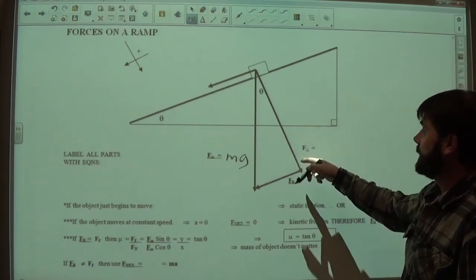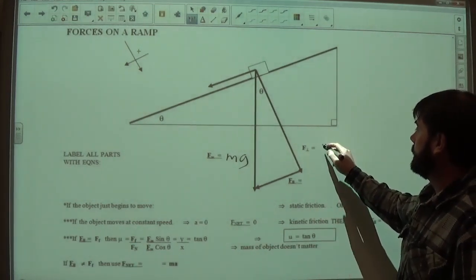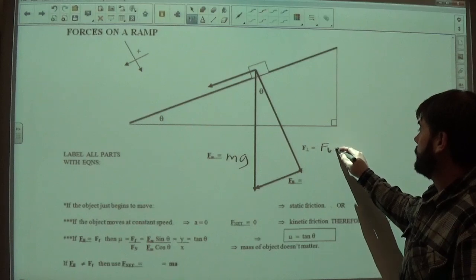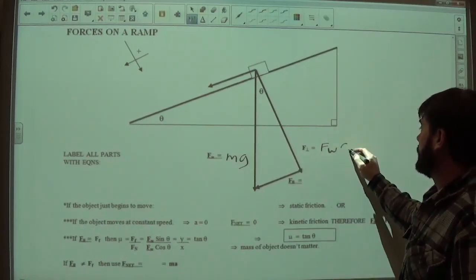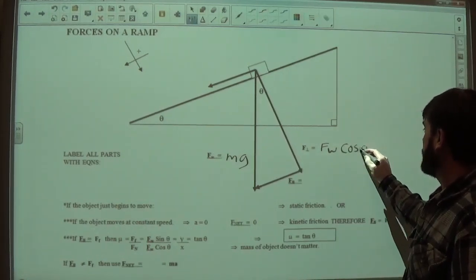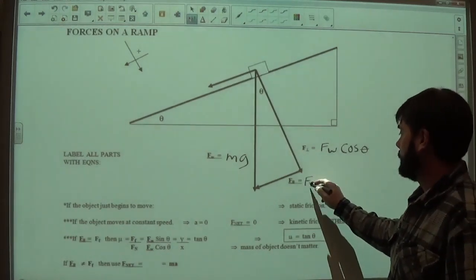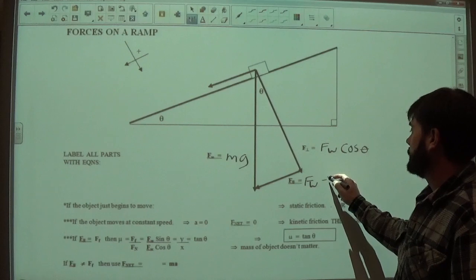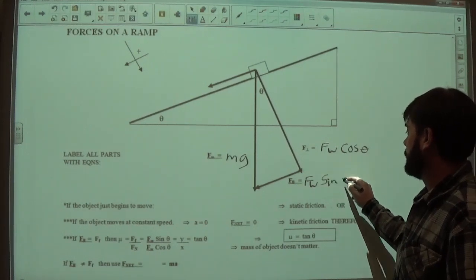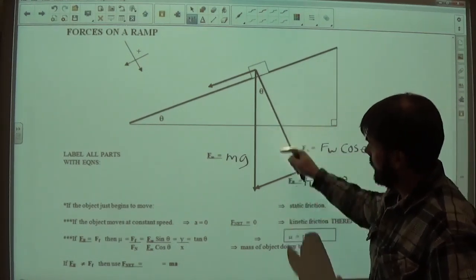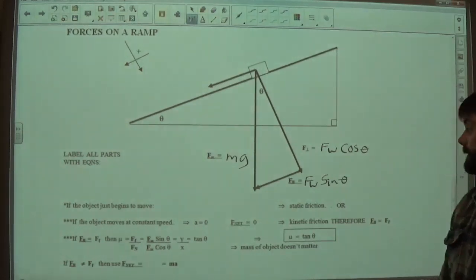So I'm going to be doing force of weight, F_w, multiplied by the cosine of theta for this. And down here, I'm going to be doing F_w, force weight, times the sine now of theta, because this is my opposite and my adjacent sides.